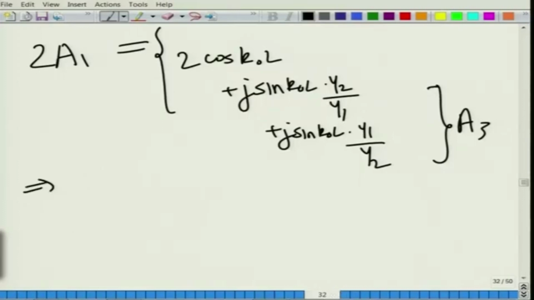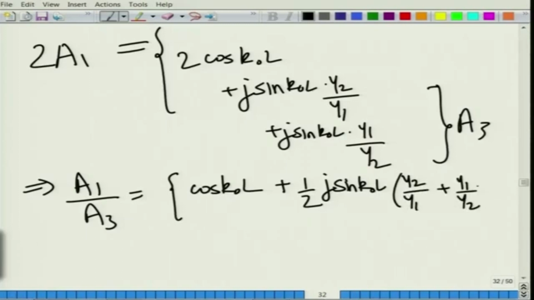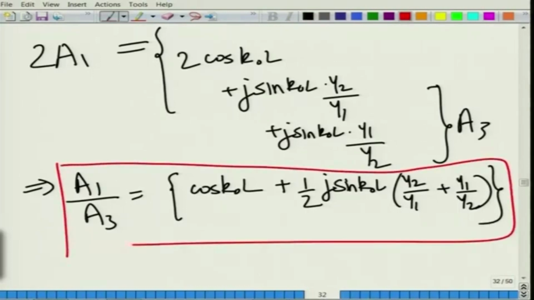So, the ratio of A1 by A3 is nothing but cos of k naught L plus half times j sin k naught L times (y2 by y1 plus y1 by y2). So, we get this form.